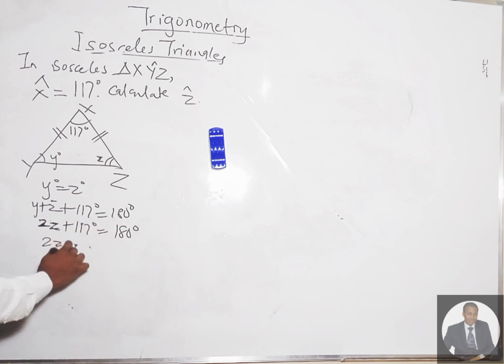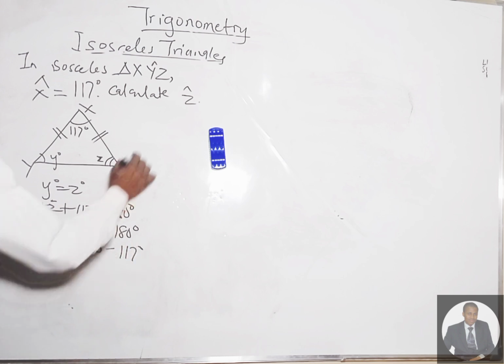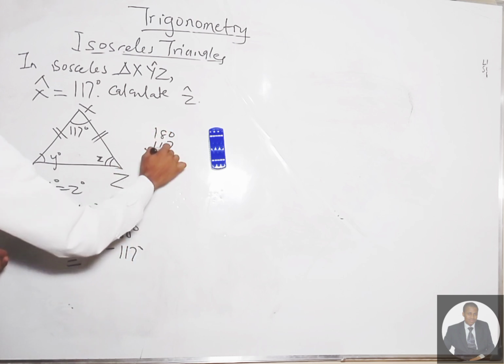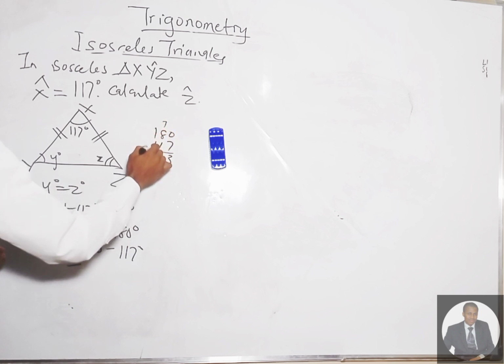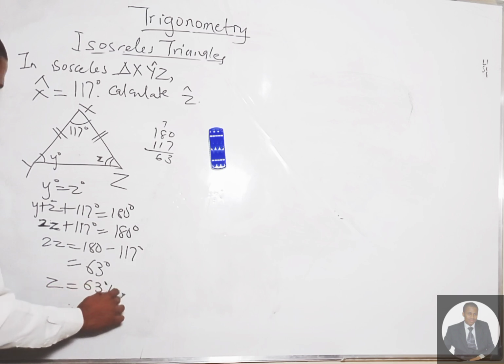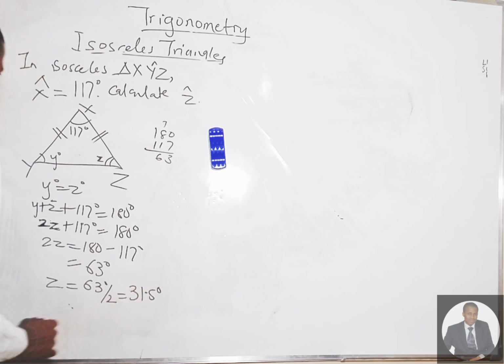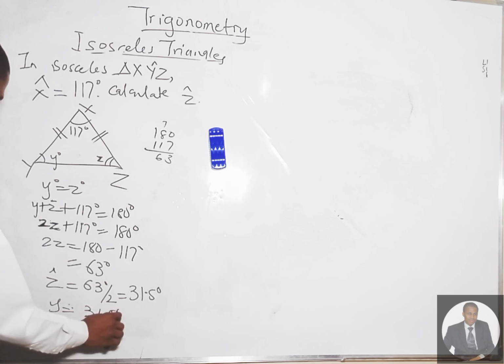So 2Z will be 180 degrees minus 117 degrees. That will give us what? 63 degrees. So Z will be 63 degrees divided by 2. That should give us 31.5 degrees. So Z here is 31.5 degrees. And same with Y. Y is also equal to 31.5 degrees.